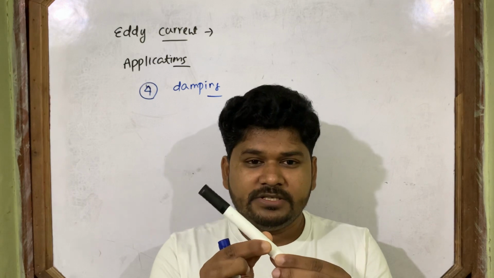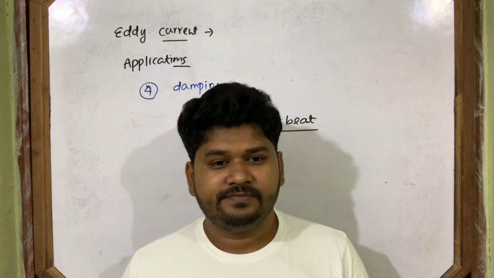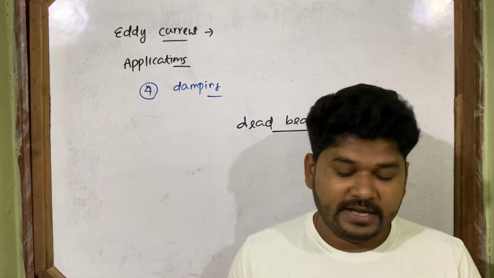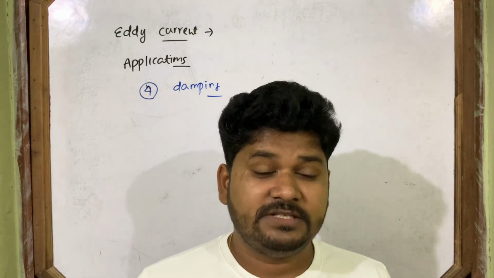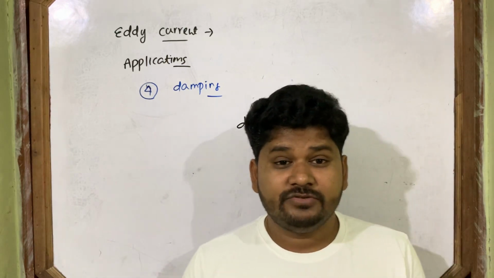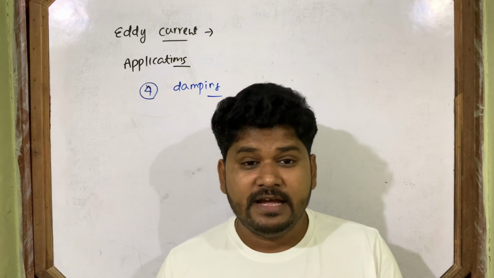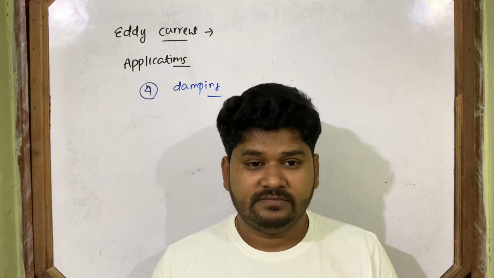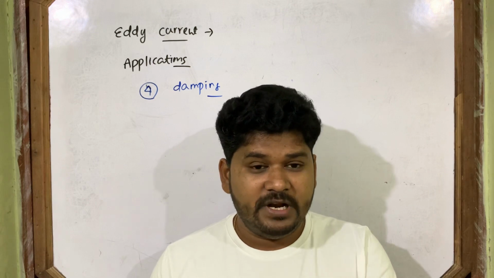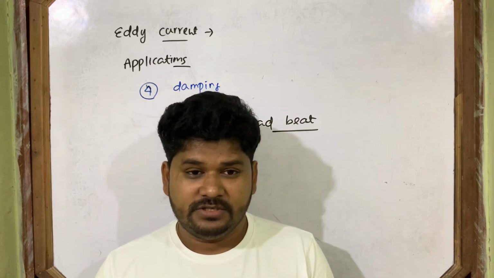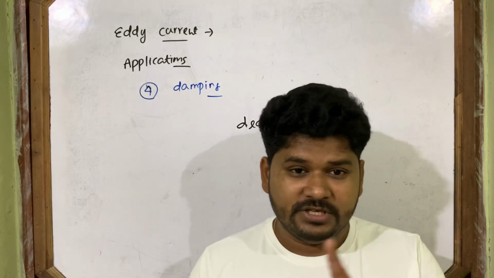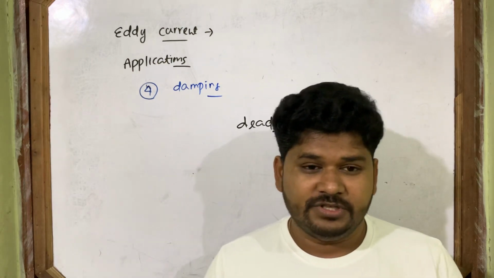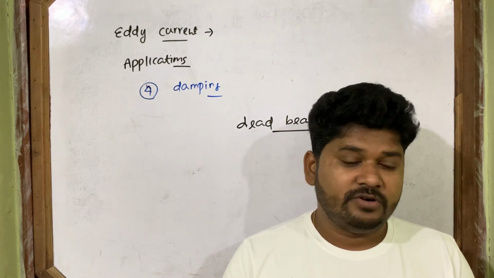That's why the galvanometer is called deadbeat type: the pointer immediately returns to 0 due to eddy current in the soft iron core, which opposes rotation of the coil and immediately brings the coil to its equilibrium position, its 0 position.